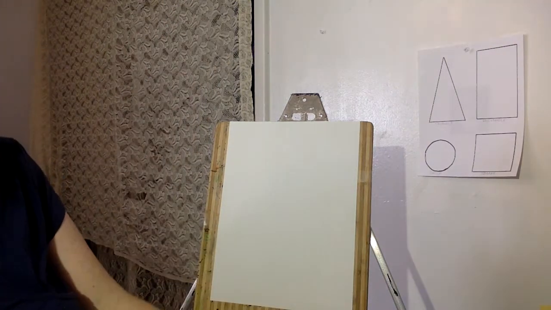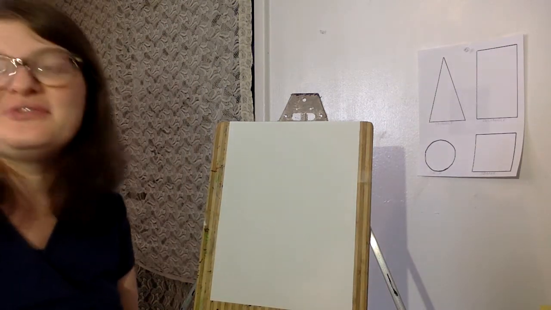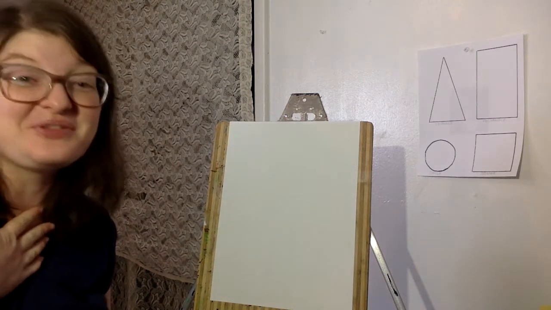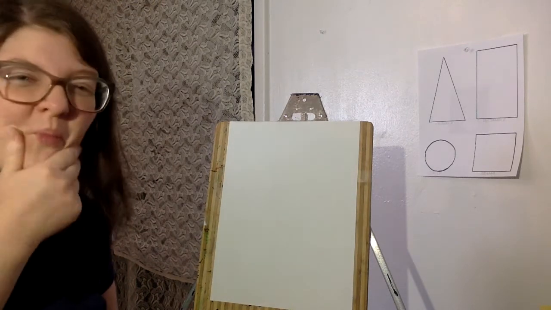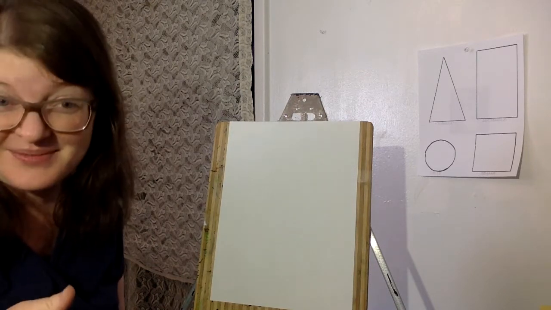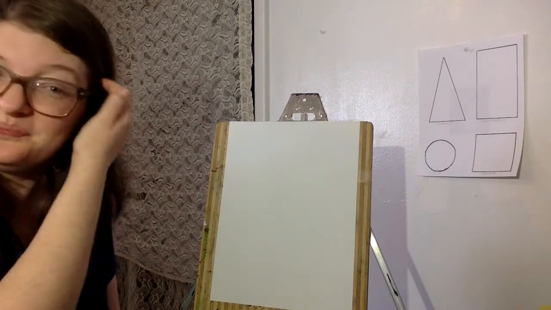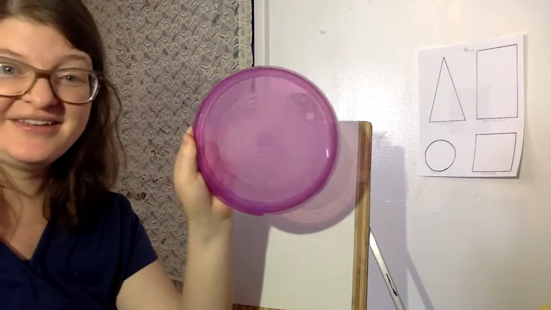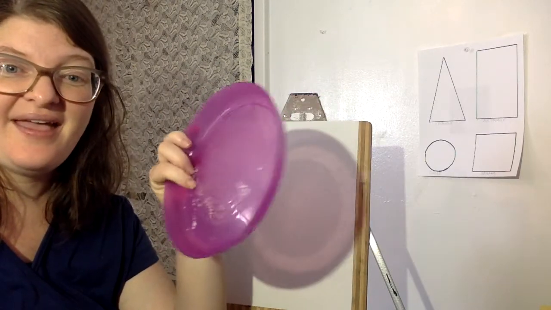And then just a little food for thought. I wanted to throw this out there because I was like, what about plates? Technically, plates would also be cylinders, as weird as it is, because they are round on the top and the bottom.